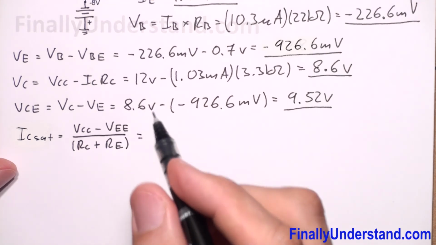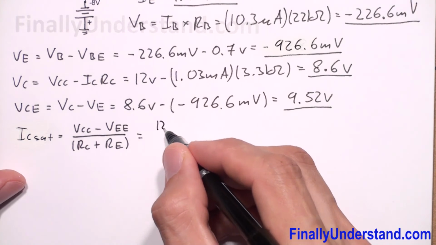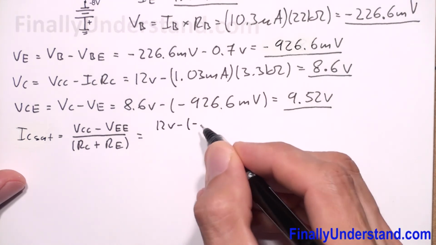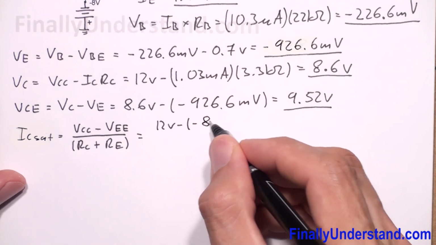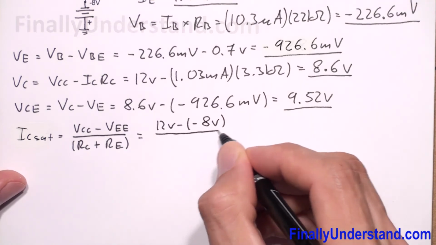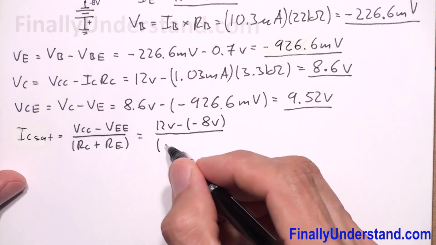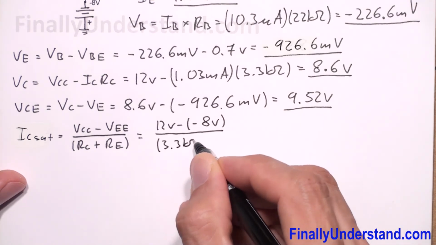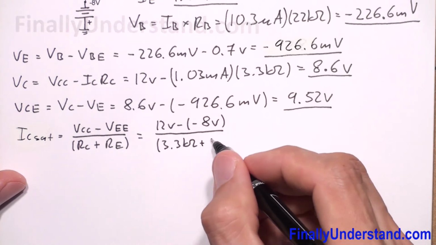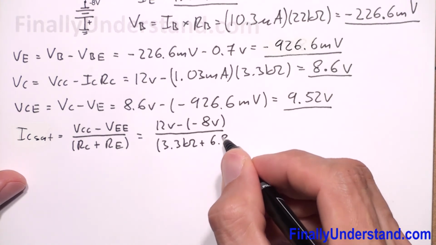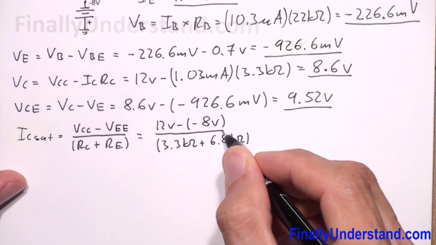So I have VCC equals 12 volts minus negative 8 volts over RC, which is 3.3 kiloohms, plus RE, 6.8 kiloohms.